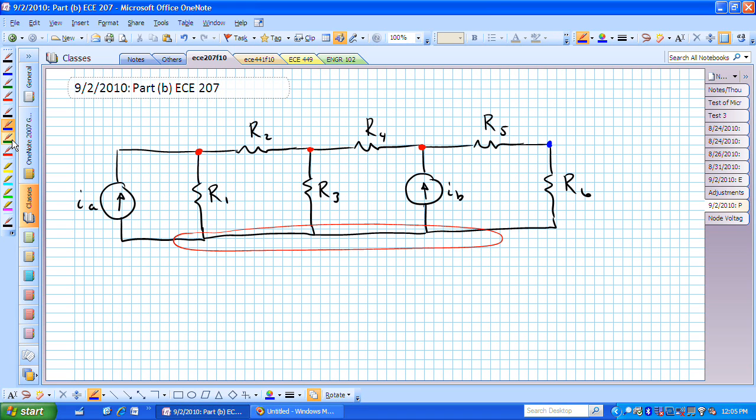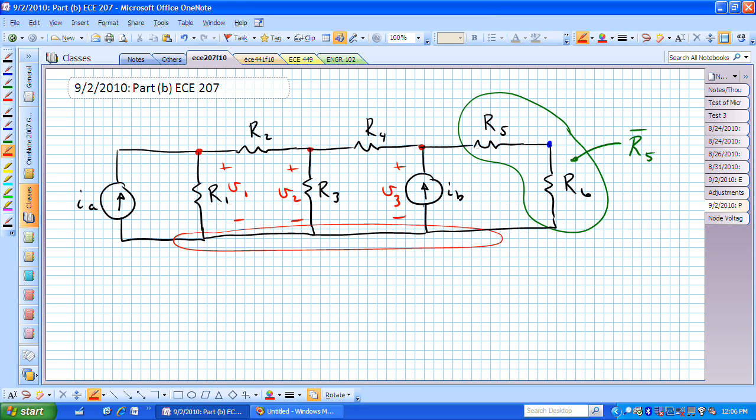And what we had seen is that we could combine those two resistors in series. They are in series. Relabel that as R sub 5 bar and simply treat that as one resistor, which allows us to reduce the number of node voltages that we need in order to analyze the circuit.